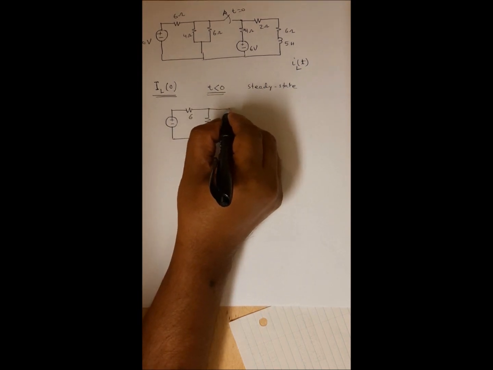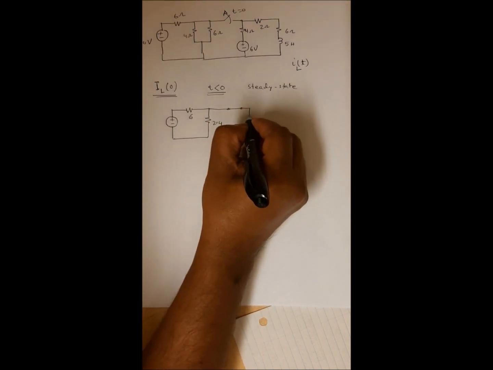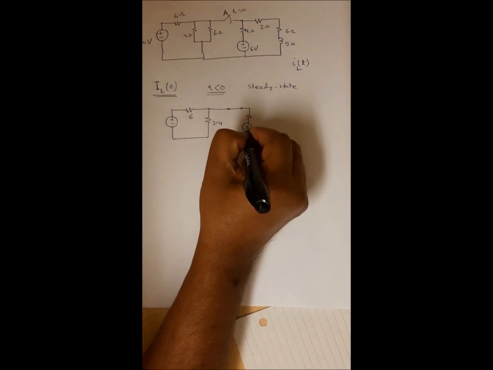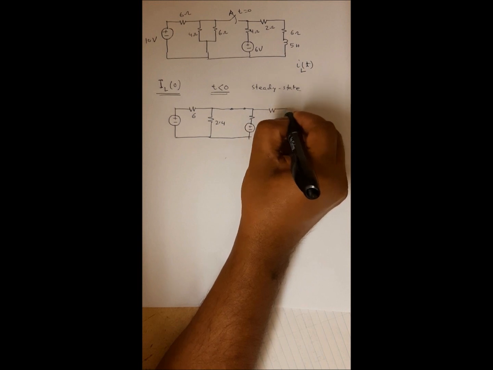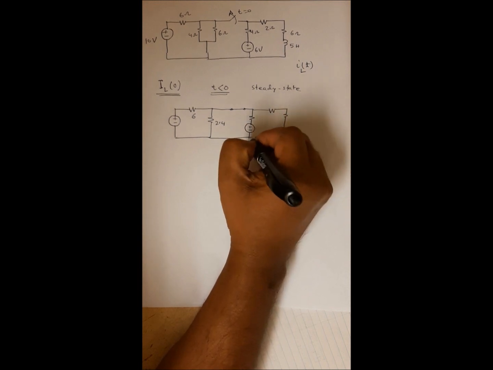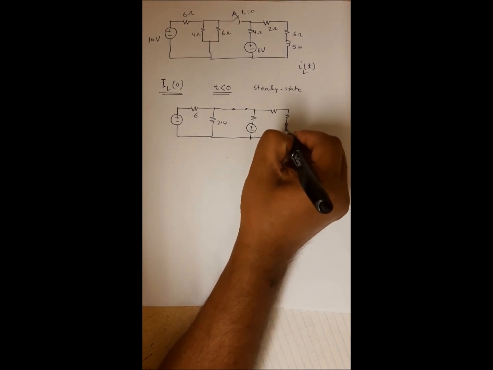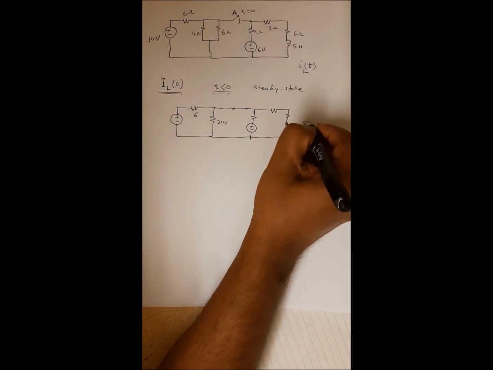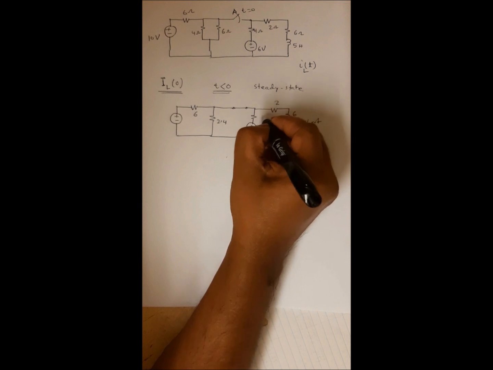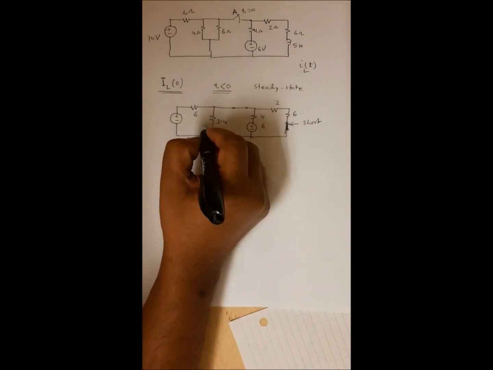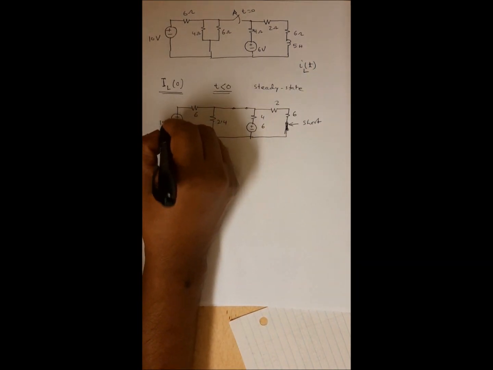The 6, and the switch will be closed here, 4, 6, 2, 6, and the inductor will be shorted. So this is short. So this is 6, 2, 4, 6, 2.4, 10.